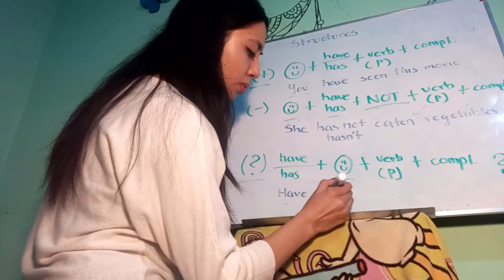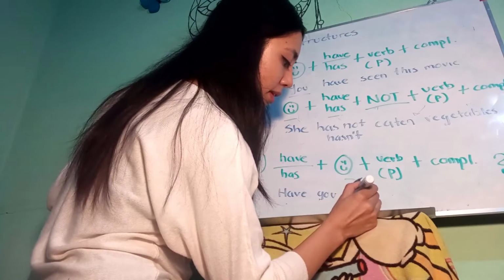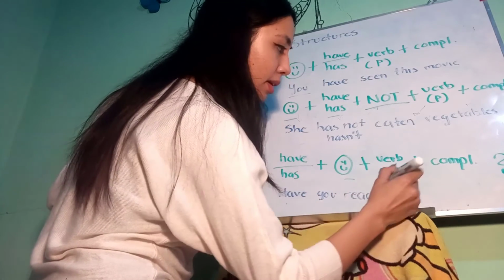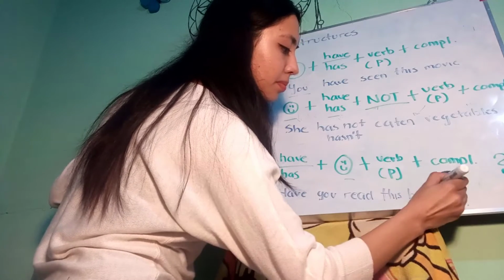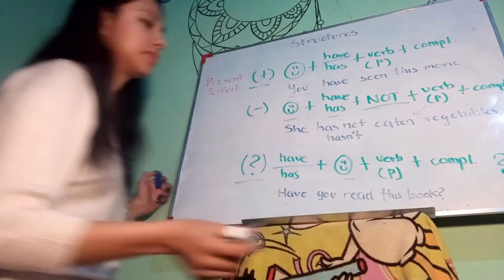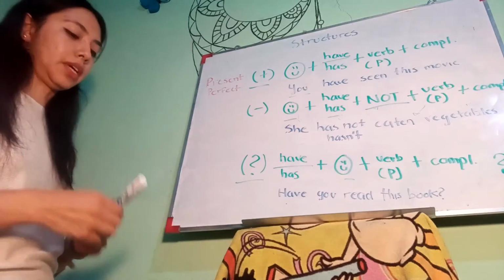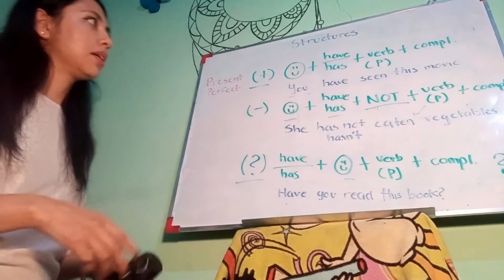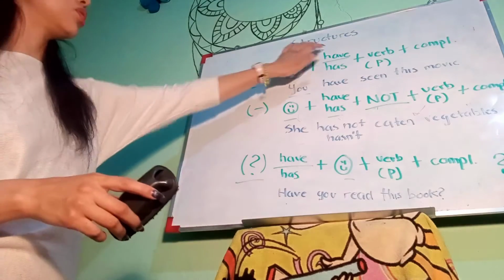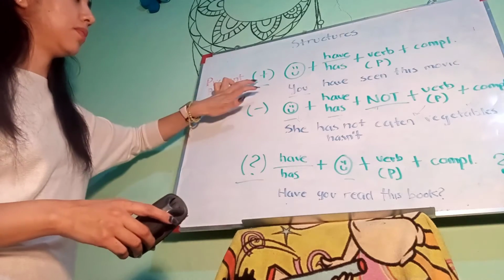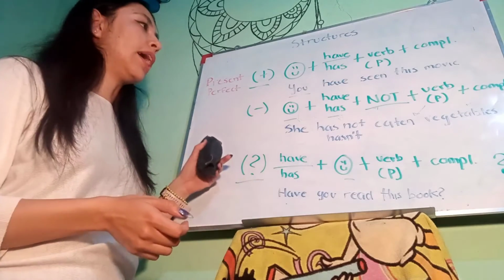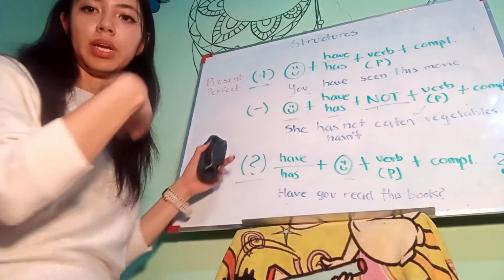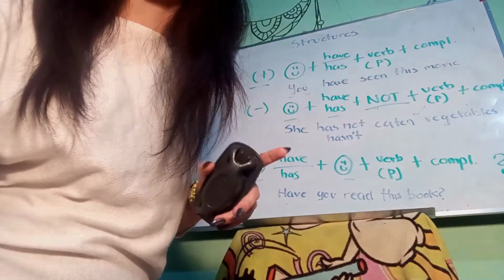Okay, for example, have you read this book? Okay. This is the structure of present perfect: positive, negative, and interrogative. Now I can pass with another, past perfect.